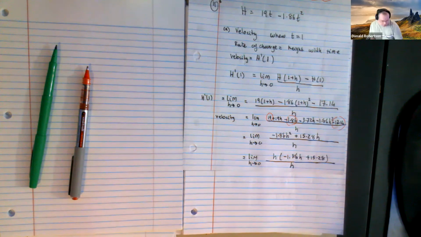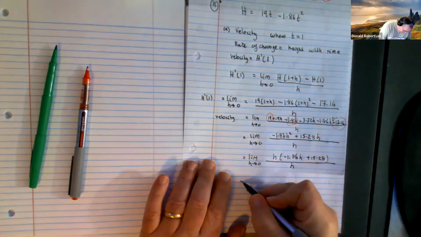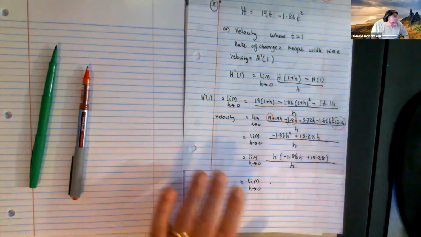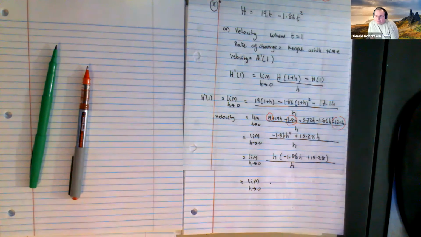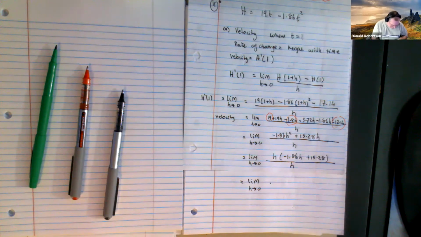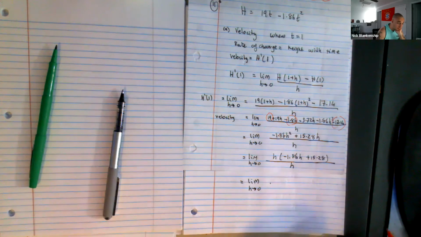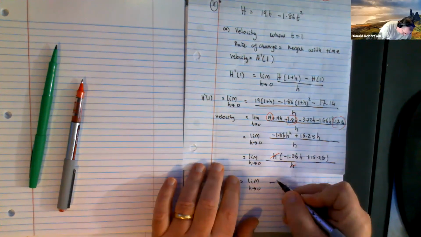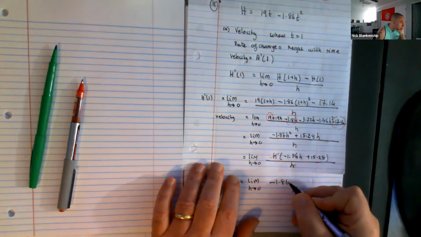Now, at this point, the same thing's going to happen that typically happens when the numbers are nice. What do we do now? Cancel the h's and then plug in 0. And you're done. So cancel the h's, leaves me with this.